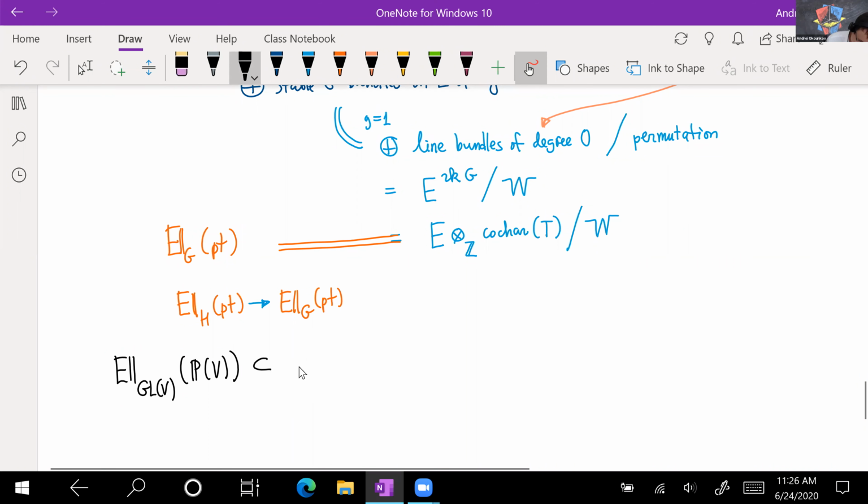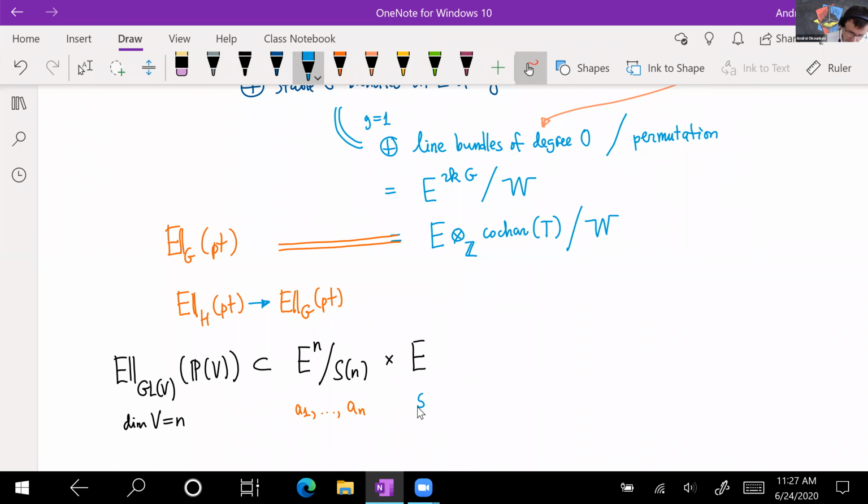This will sit in the product of elliptic homology of GLV. I'll write it as E to the n, let's say dimension V is n, so E to the n mod Sn cross E. This is where my variables a1 through an lie, and this is where my variable s is.